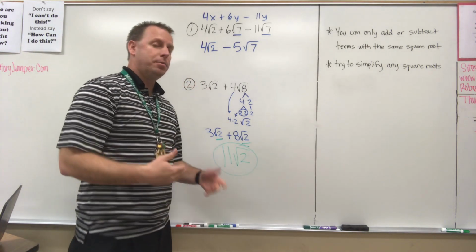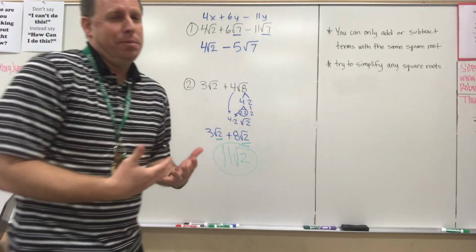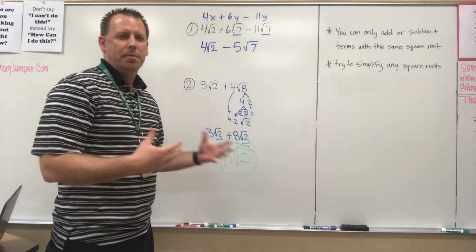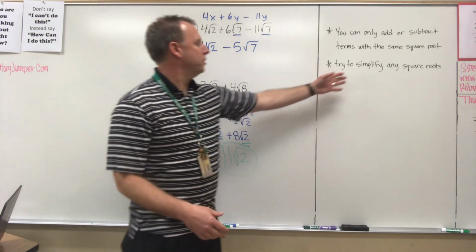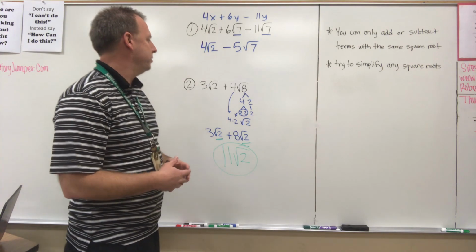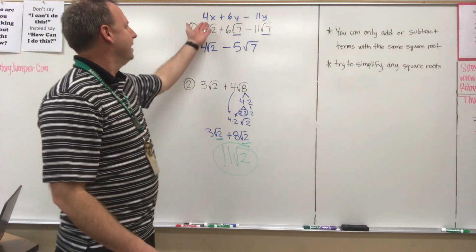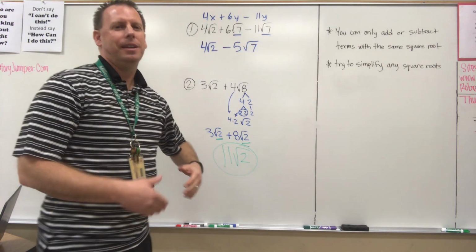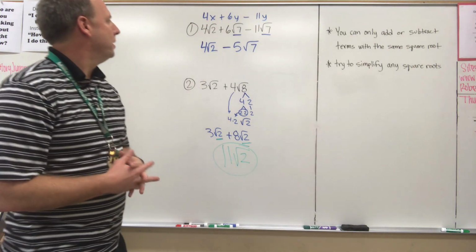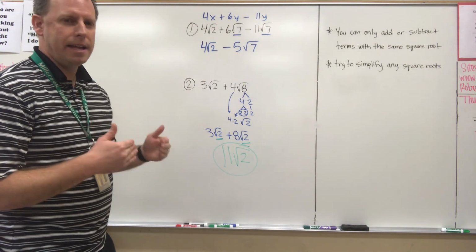So adding and subtracting square roots is actually pretty easy. The only part that may be new or tricky is that we do need to simplify those square roots, but we have talked about that. We know how to do that. Otherwise, it's really just the same as combining like terms. So watch your signs, add, subtract.